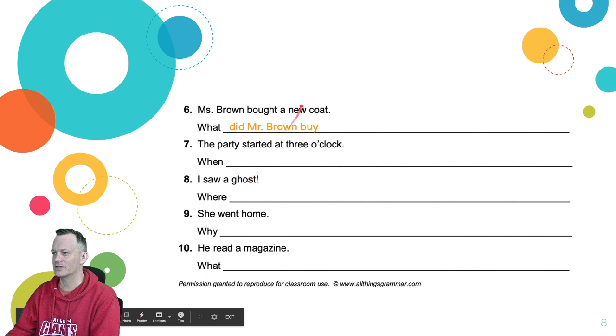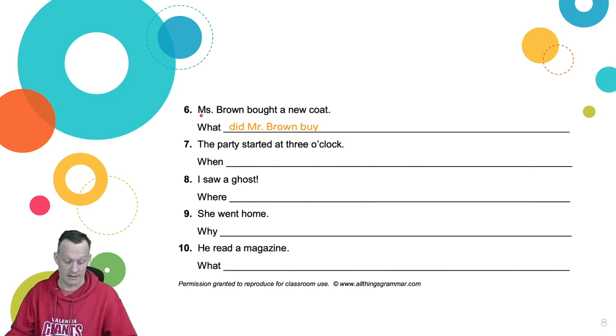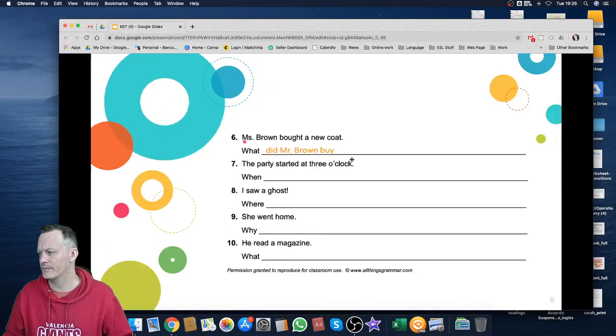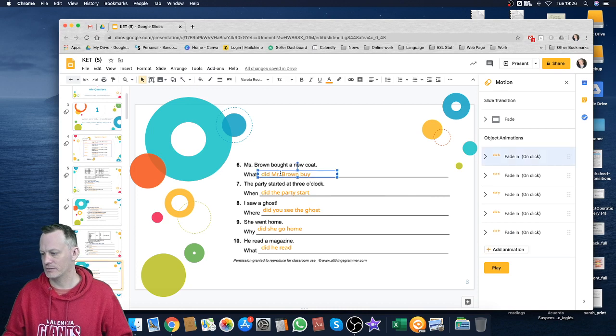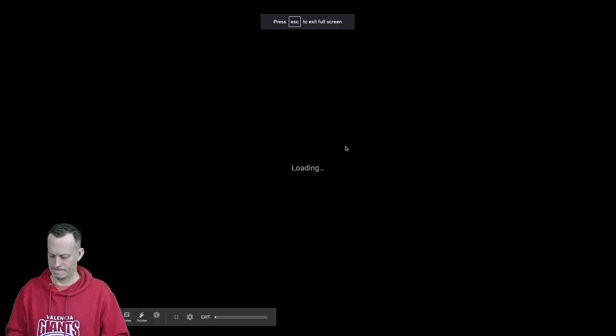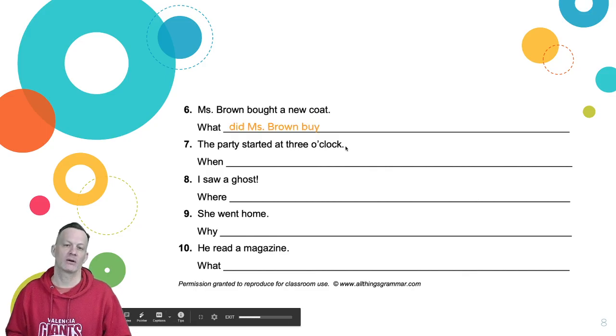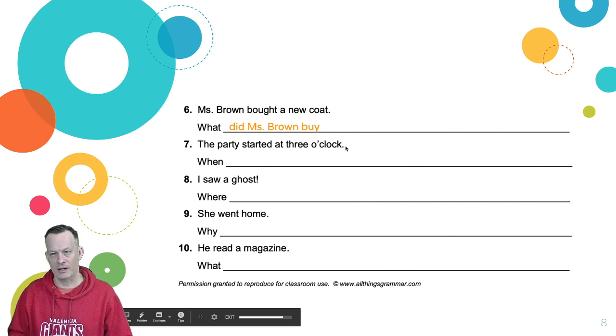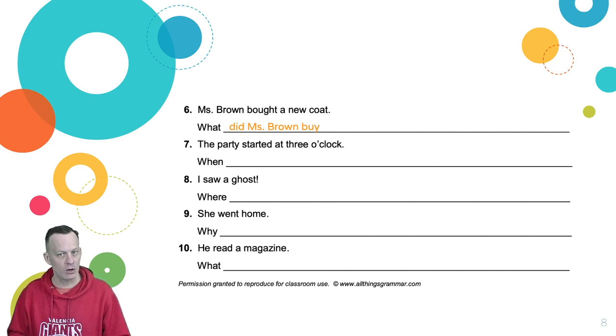And I did make a mistake. I wrote Mr. Brown. It's Ms. Brown. My mistake. Let me make that better. Ms. Brown. There we go. What did Ms. Brown buy? She bought a new coat.